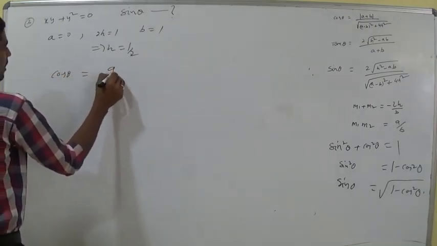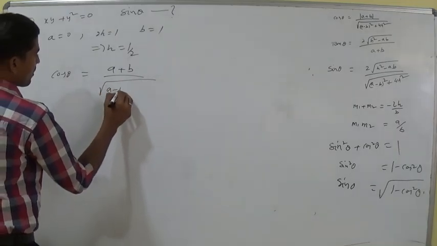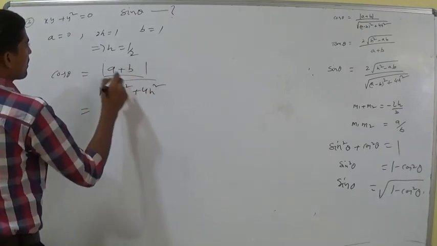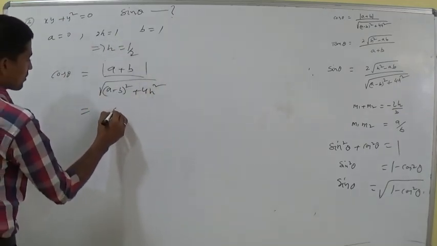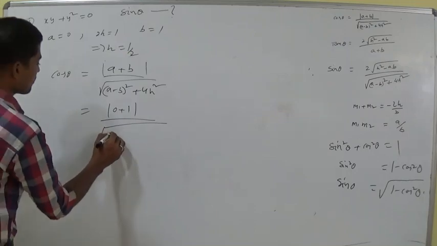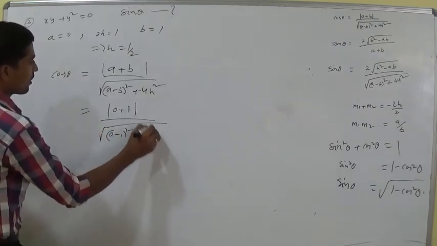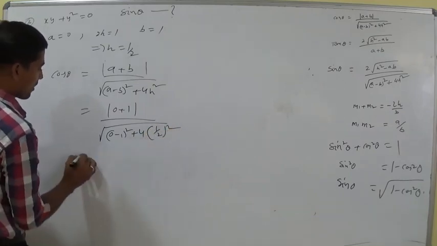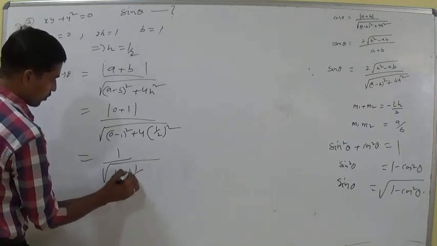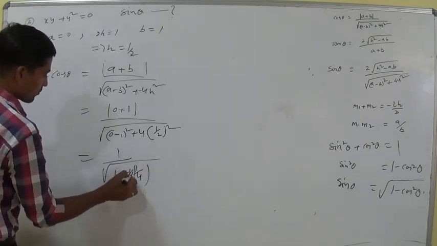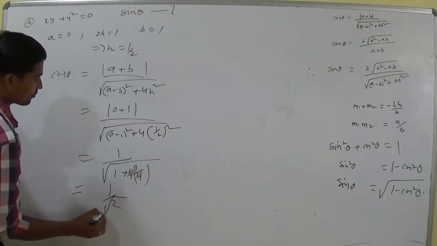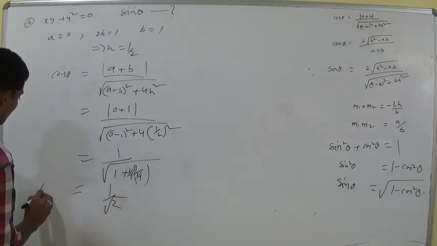Cos theta is equal to a plus b by square root of a minus b whole square plus 4h square, which is equal to 0 plus 1 by square root of 0 minus 1 whole square plus 4 into 1 by 2 whole square, which is equal to 1 by square root of 1 plus 1, 4 into 1 by 4, the 4 gets cancelled, which becomes 1 by root 2. Therefore, this is cos theta.